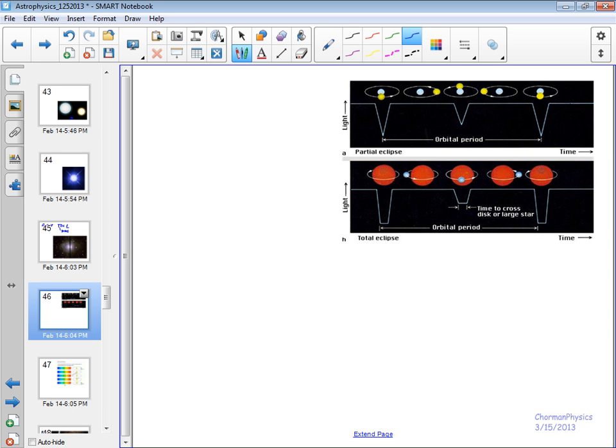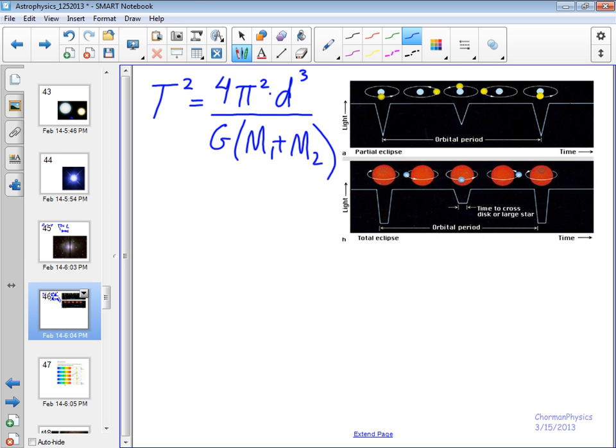Their orbital period is given by the following relationship, which we can derive from Kepler's third law and everything we've done with orbital motion. The two of them are going to orbit each other, and there are a couple of different ways we can determine that a system is a binary system.